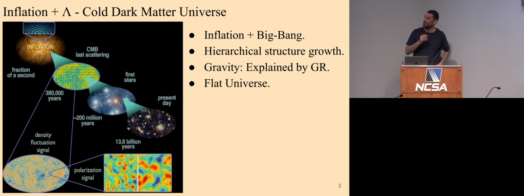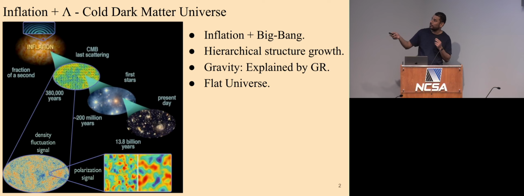So we are cosmologists. We try to model how the universe started and how it evolved. And this is what we believe. We have very good evidence for most of these things, but we are still searching for evidence for, for example, inflation. So here's a picture.